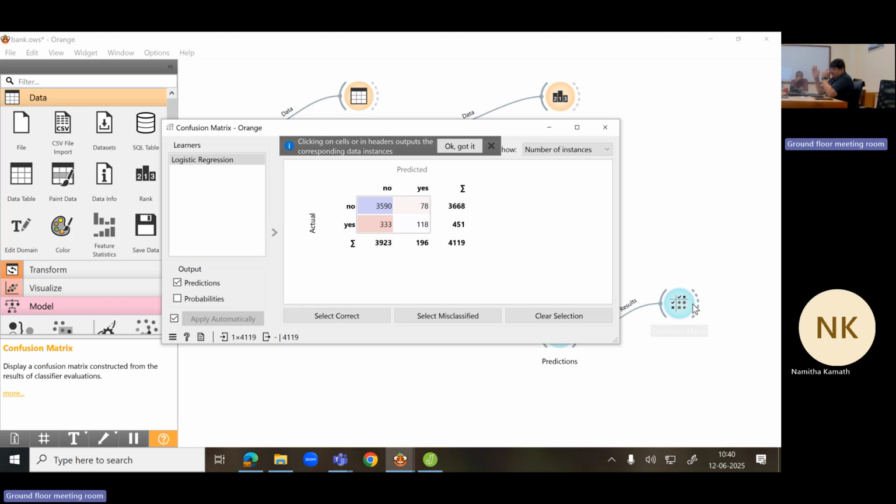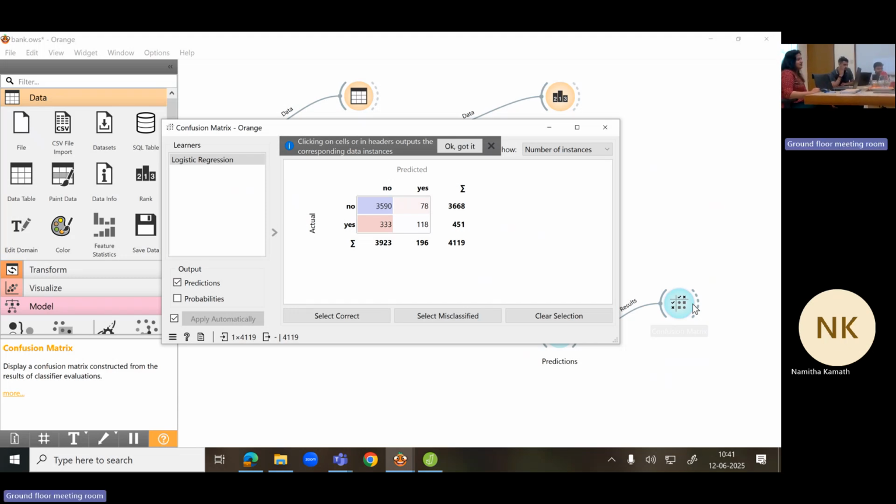Actually no, predicted as yes, and falsely predicted as yes. So yes is what class? Positive. So it is a false positive.